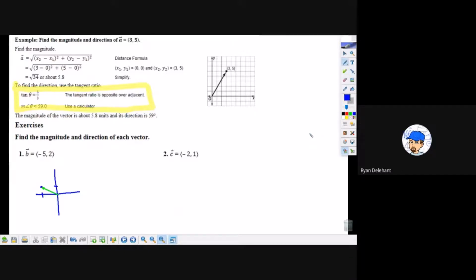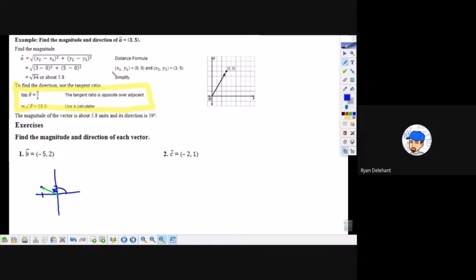When we go to find its magnitude, what we're actually going to find is the length of the line, the green line, and then the angle we're going to find is actually going to be this angle right here, from where positive x is all the way over to where the green line is. And when we get into the trig unit, that's actually the standard way that we measure angles in the coordinate plane. You just have to trust me on that one until we get further definition for that.